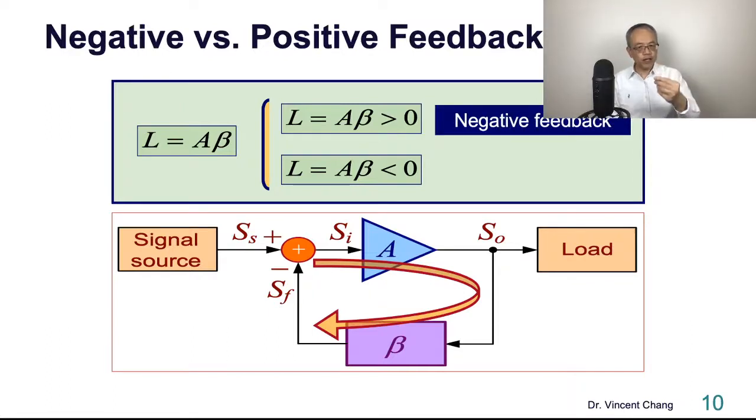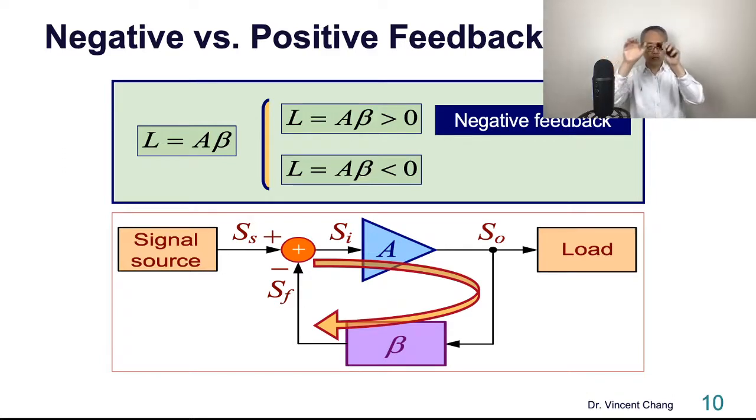But if the loop gain is negative, A beta is less than 0, then you have to include two negative signs and combine them together. The first negative sign is the external negative sign. The other one is the internal negativity of the loop gain.